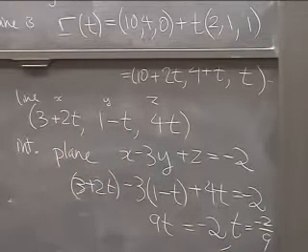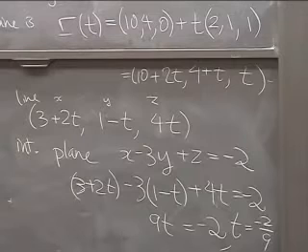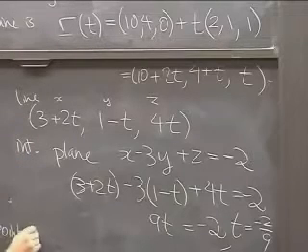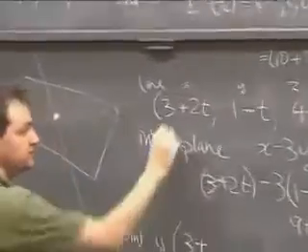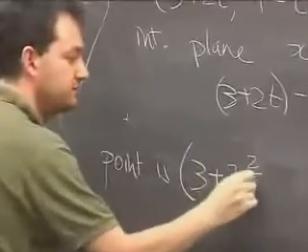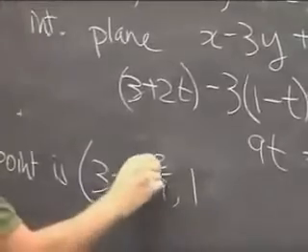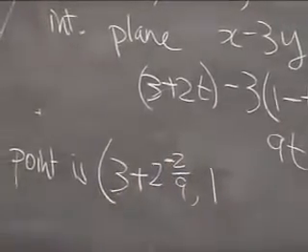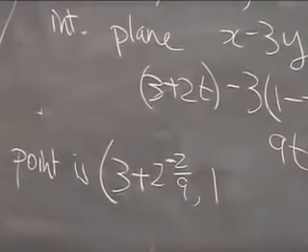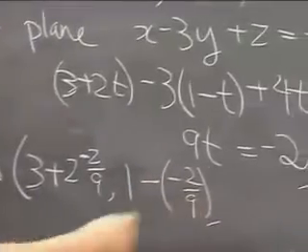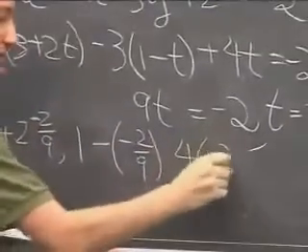But we want the point, so let's plug it back into the line. So the point is 3 plus 2 times negative 2/9, 1 minus negative 2/9, and 4 times negative 2/9.